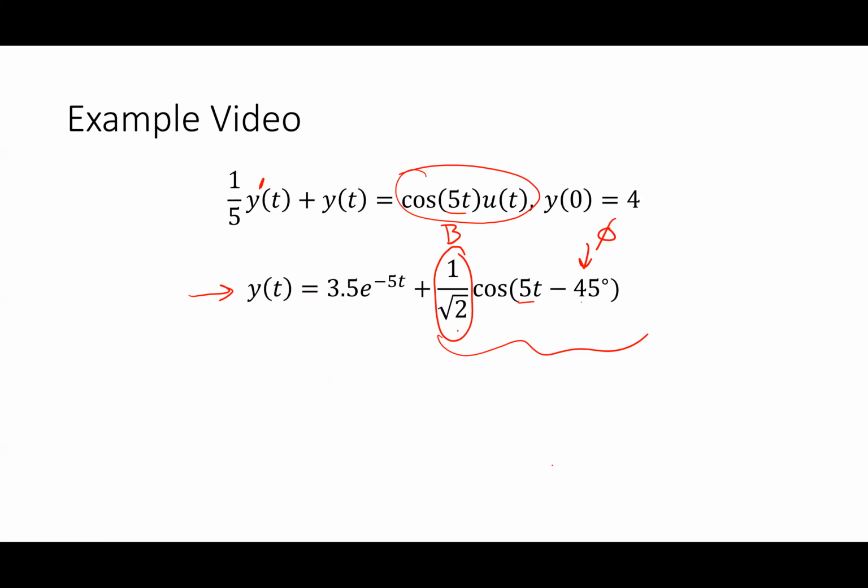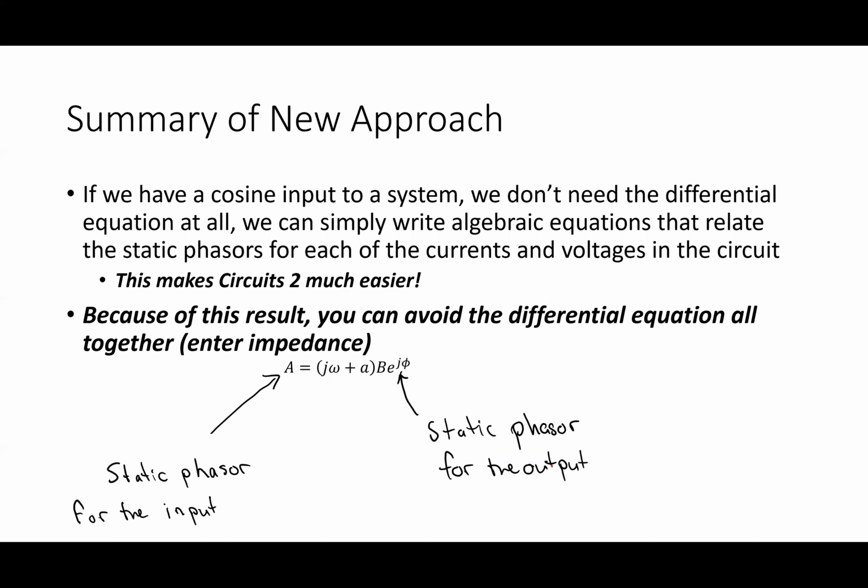So because of that, if I have a cosine input to a system, I don't need a differential equation at all. If all I really care about is the steady state solution, essentially all I have to do is use something called impedance, which you're going to talk about if you haven't started yet in circuits 2. I can basically just look at the circuit and use a version of Ohm's law with capacitors and inductors to skip over writing any derivatives.